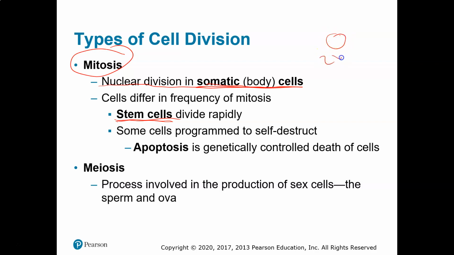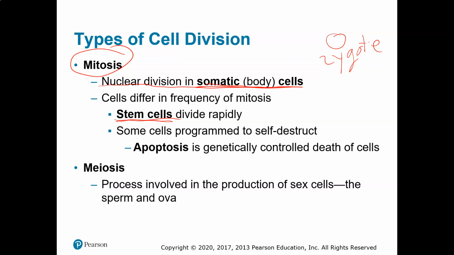A zygote is an embryonic stem cell, and it divides into a ball of cells called a blastula and then a gastrula. All of these cells are stem cells. They're able to divide rapidly and produce more cells. We also have stem cells that only divide and produce skin, or stem cells that only divide and produce blood.